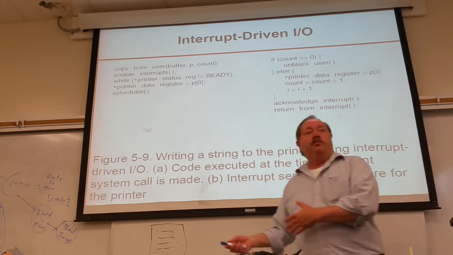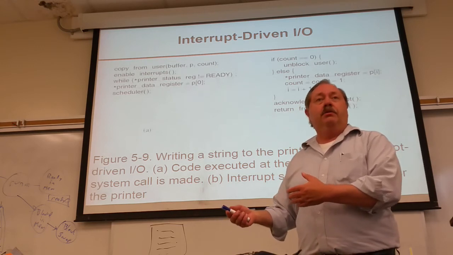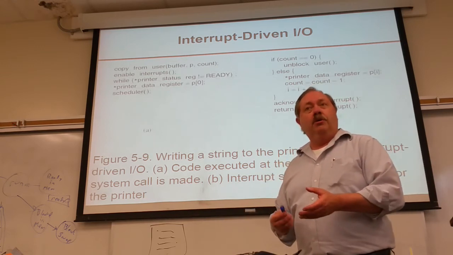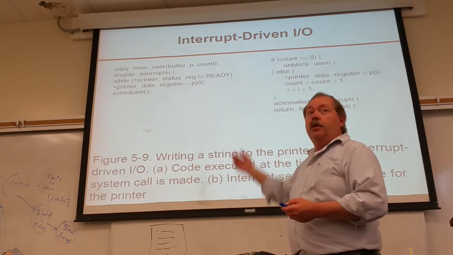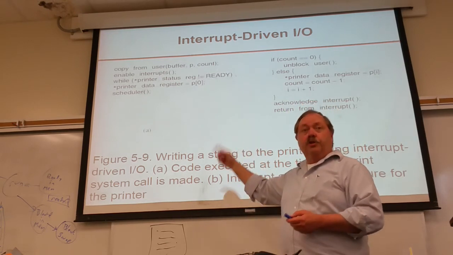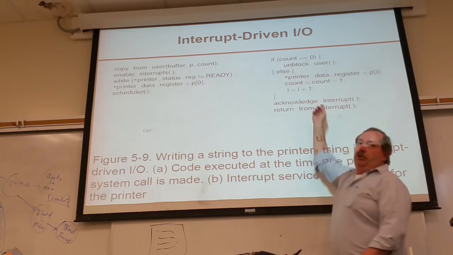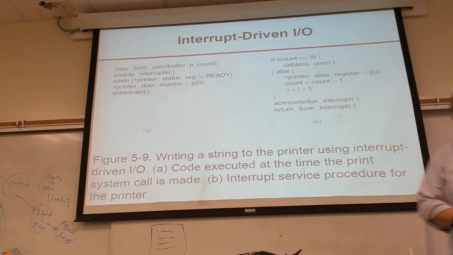We can transfer the CPU to another process now. We fixed that problem. But we still have the problem that when that device is ready, the CPU itself is still transferring all of those bytes. So that's the main takeaway from this approach.